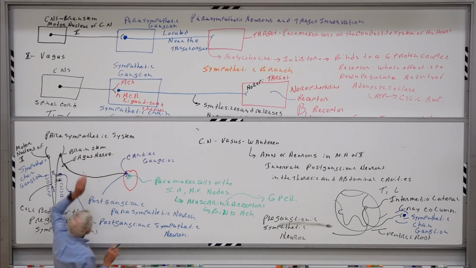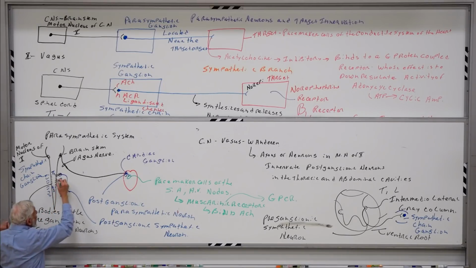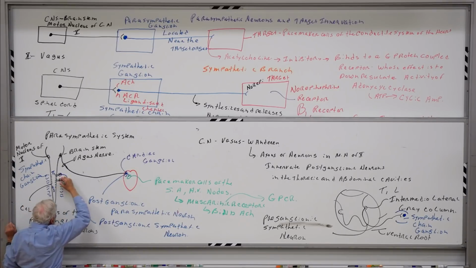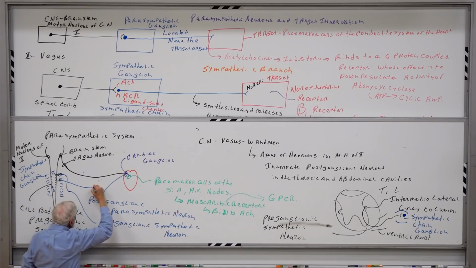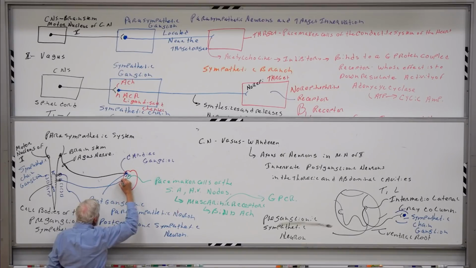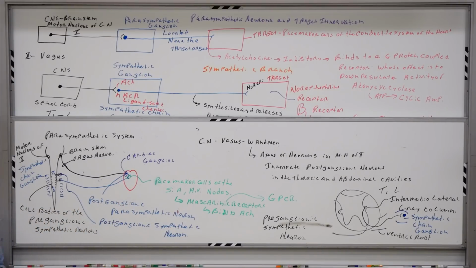But again, following the pattern of that three-box model, the neuronal cell body that resides here in the sympathetic chain ganglion sends its process out and now directly innervates the target. It directly innervates the target, and now the target is the pacemaker cell.